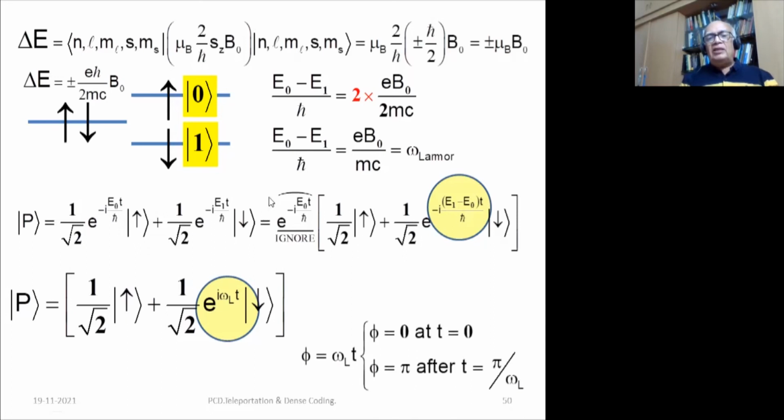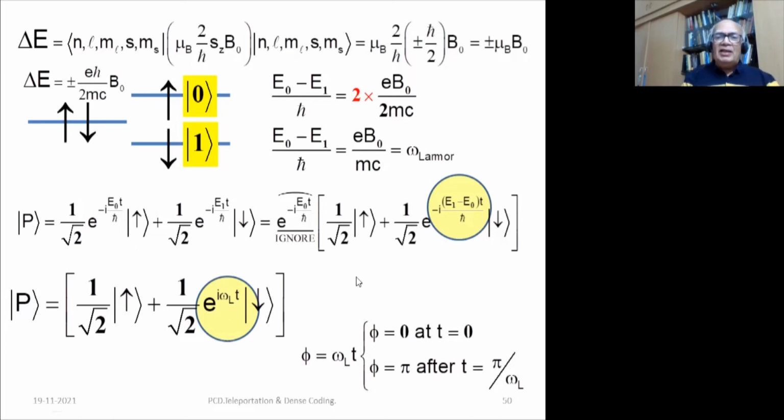And at time t equal to 0, this phase is obviously 0, but you wanted to change the phase of the down by pi, and you will achieve that phase after a time t, which is pi divided by omega L. So Bob can do this experiment and allow the phase to change from the qubit that he has.